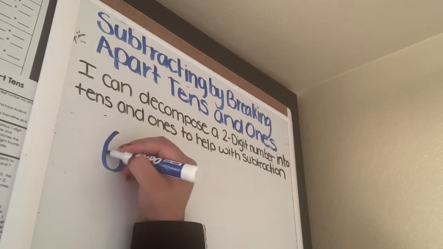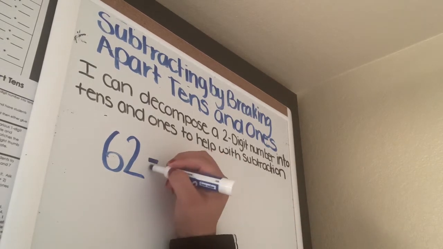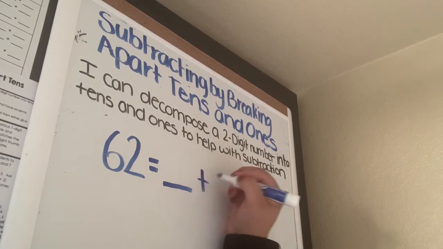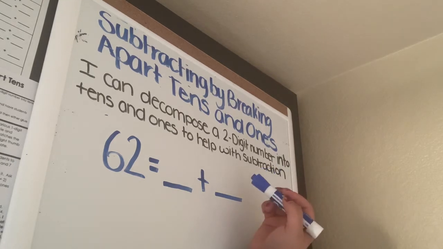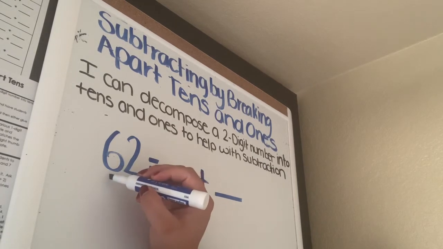decompose the number 62. Do we remember what decompose means? Decompose means to break apart. So we're going to break apart 62 by tens and ones. So how many tens do we have in the number 62?